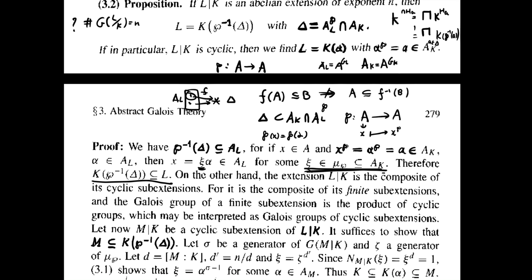the reason we write X in A to say the component is because P itself is defined from A to A. So any element here must lie in A, of course.